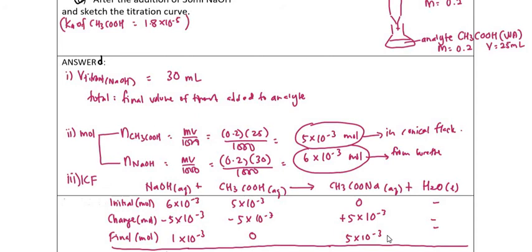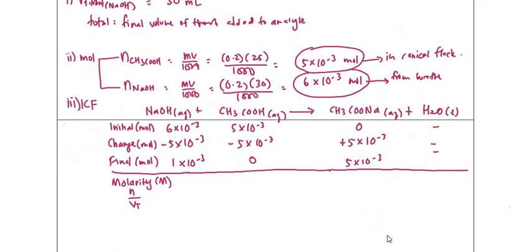After the ICF table, please add one row below for molarity, which is n over total volume. Total volume here refers to the volume of acetic acid plus the volume added. Now molarity for NaOH: divide by volume of acetic acid 25 plus 30.